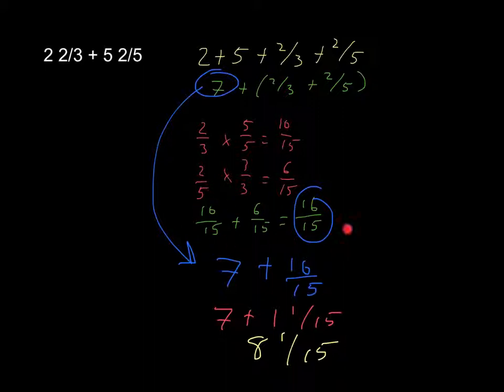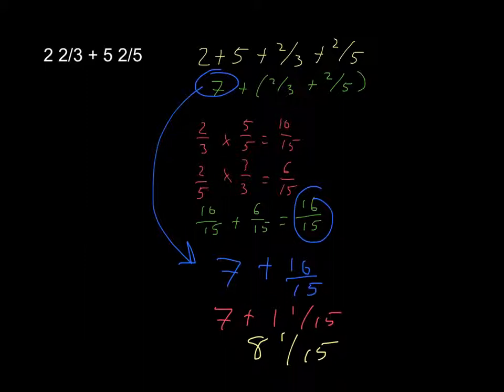I added those two together and found that I have 16/15. So I brought down my whole number from above and said I have 7 plus the 16/15. 16/15 simplifies to 1 1/15 plus that 7, so I have 8 1/15.